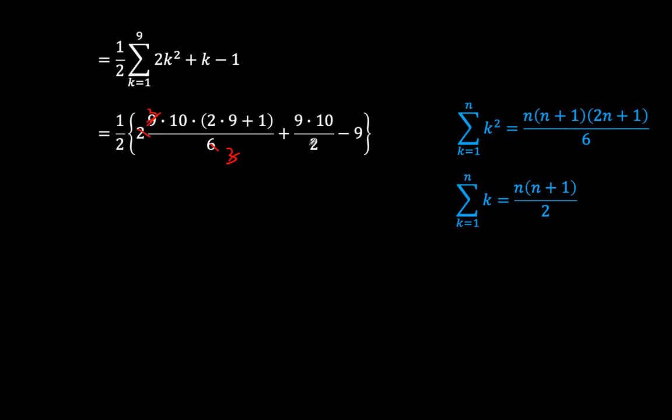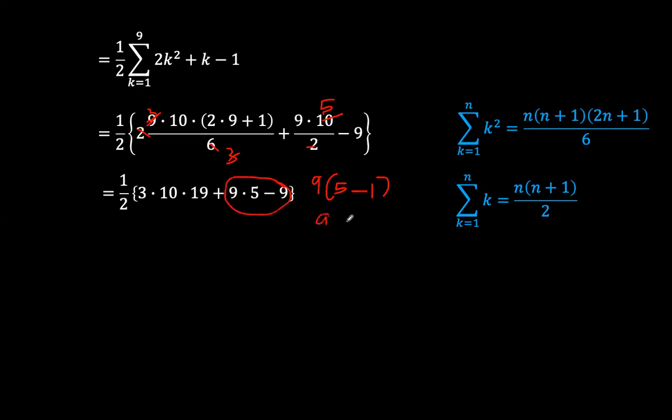And then this 2, and we have 5 here, right? So we have a half, 3 times 10 times 19, plus 9 times 5 minus 9. And here, this is the same as pulling 9 out, 5 minus 1, which is 9 times 4, right?